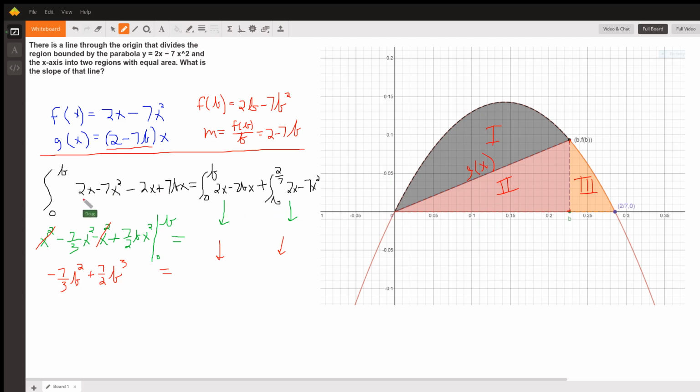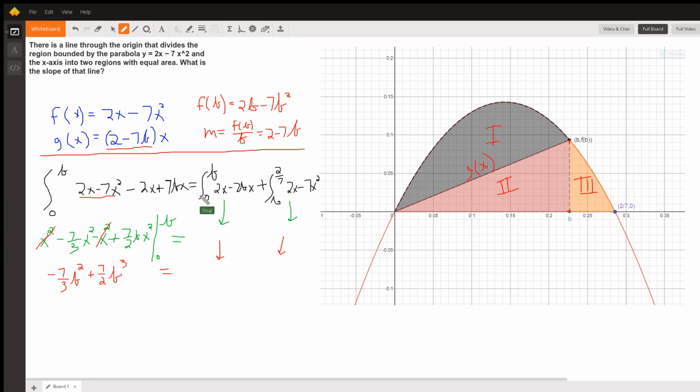I skipped a couple of calculation steps here. So here's the area of the parabola, take away the area under g of x. And I actually distributed the x here and then performed the subtraction. That's how I got this.